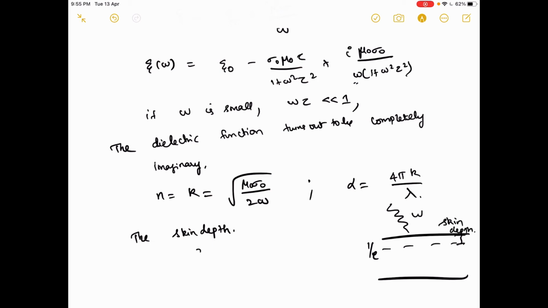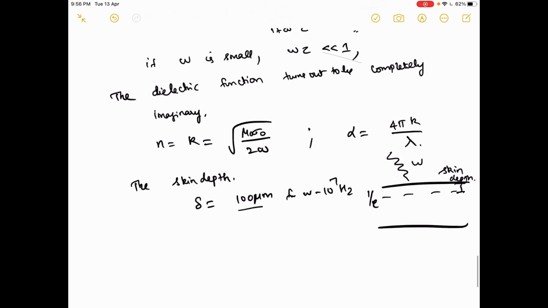And the skin depth typically turns out to be about 100 micrometers for omega as small as 10 power 7 hertz. And at higher frequency, it's easy to see that the skin depth decreases even further, right?